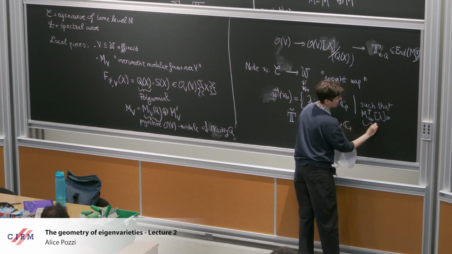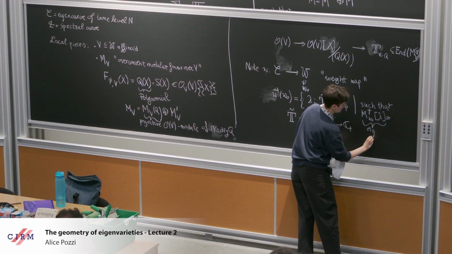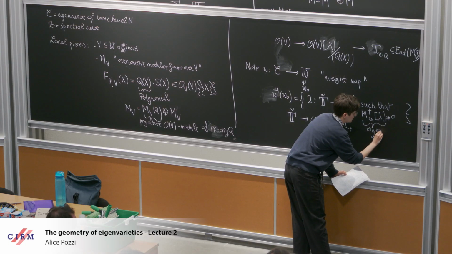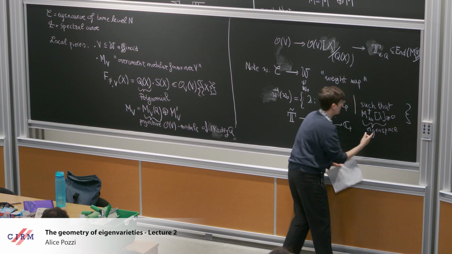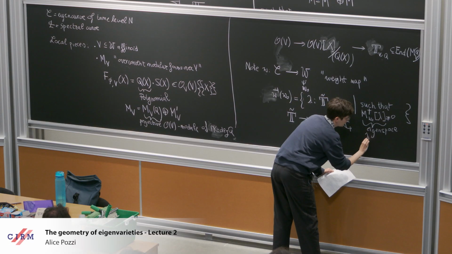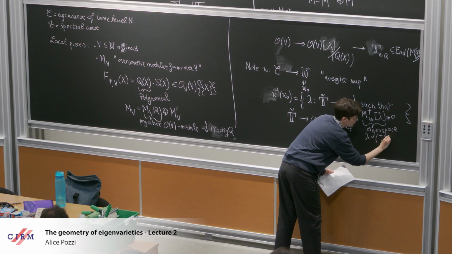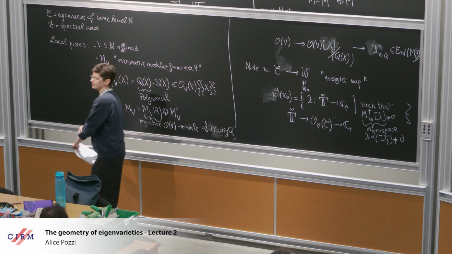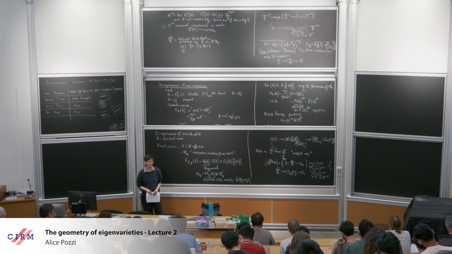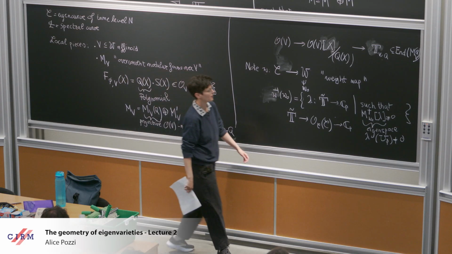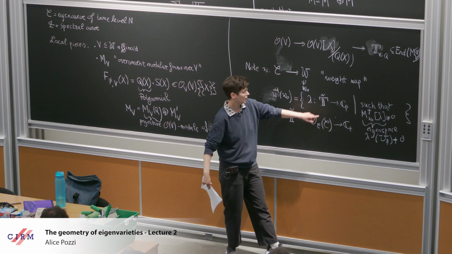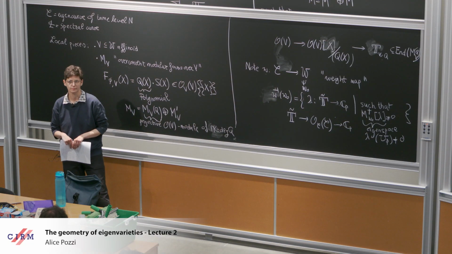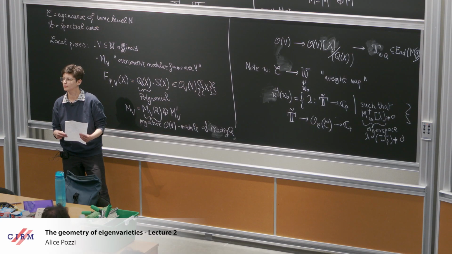This is going to be the eigenspace corresponding to the system of eigenvalues. And by construction, the UP operator is not allowed to be 0. Okay? So we're seeing all the systems of Hecke eigenvalues appearing in here such that UP is non-zero.